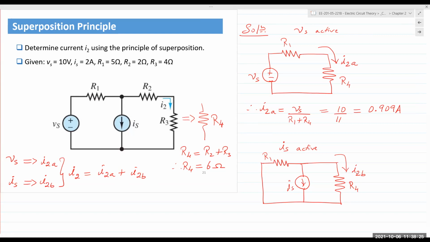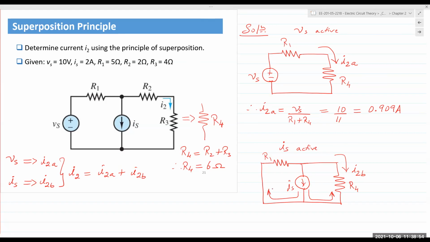IS comes down into the circuit and splits in two. One portion going into R1, the other one going to R4. So you apply current division. But look at the direction of IS. Always follow the current directions and the reference polarities. IS is flowing down.